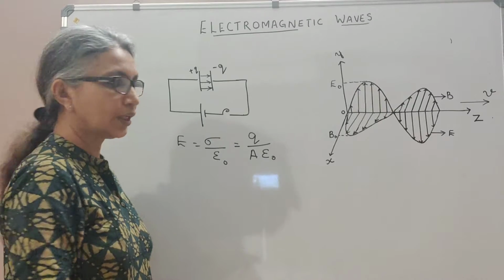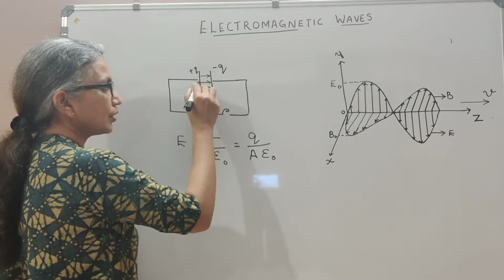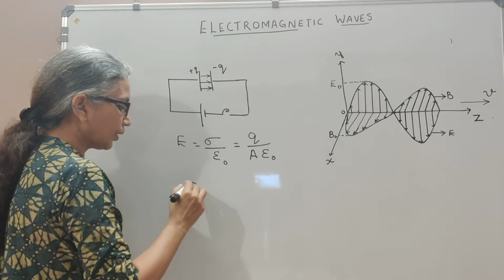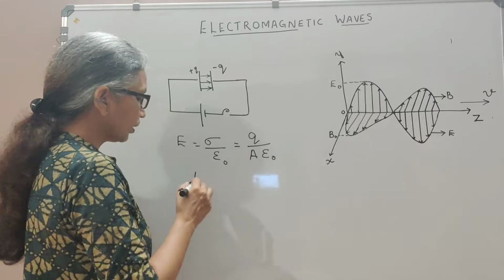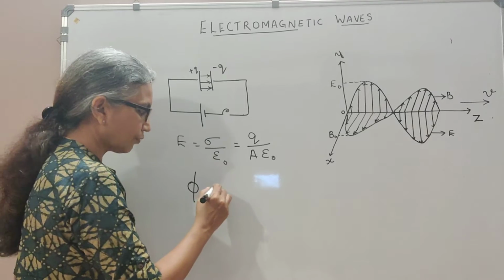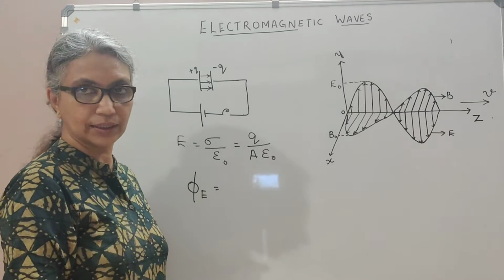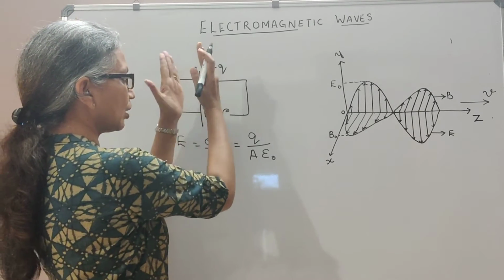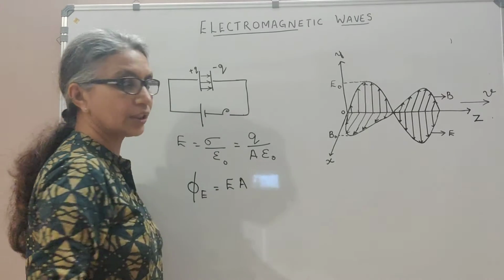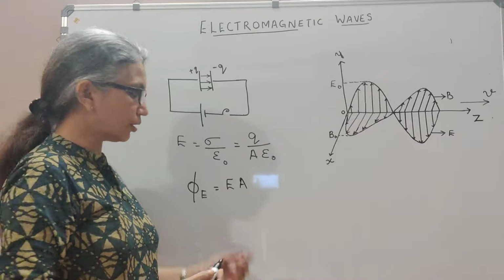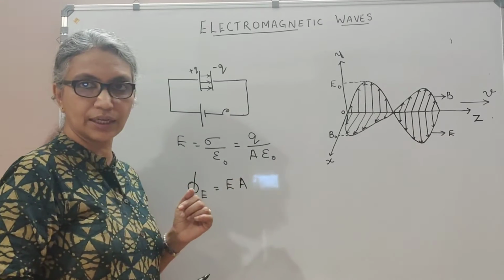varying with time. Because there is an electric field, we know there will be an electric flux, which I denote as phi E here. This electric flux from the first chapter we know is equal to E dot delta S, delta S being the area of the plate. So I may write this as E dot A. E dot A is EA cos theta, theta being the angle between the electric field and the area vector.